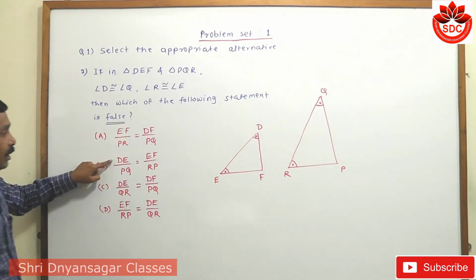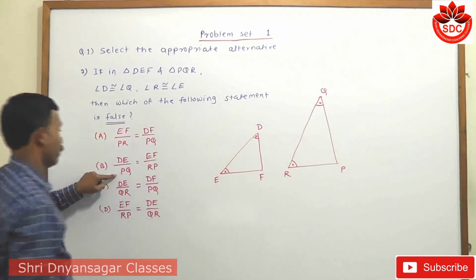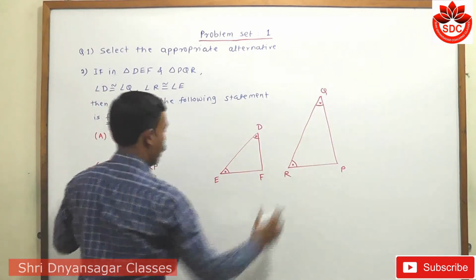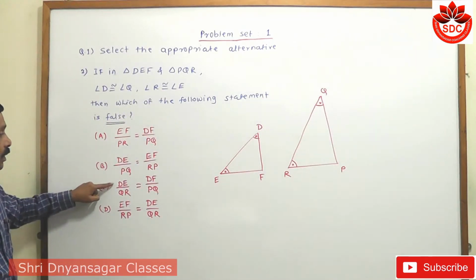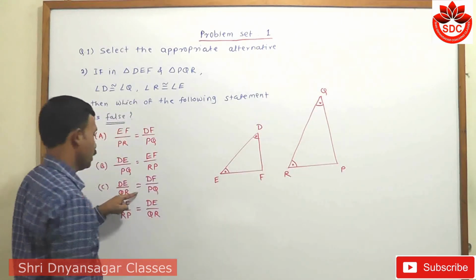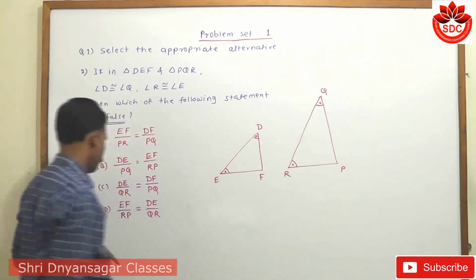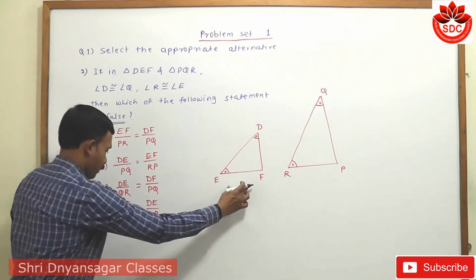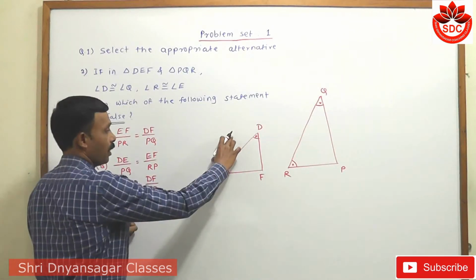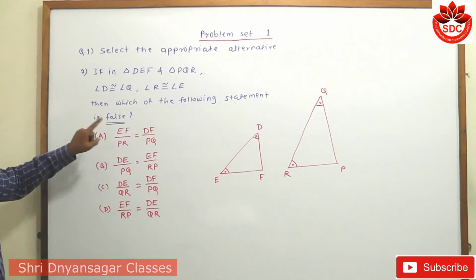Second one is DE upon PQ is equals to EF upon RP. Third one is DE upon QR is equals to DF upon PQ. Then EF upon RP is equals to DE upon QR. Now student, which statement is false?